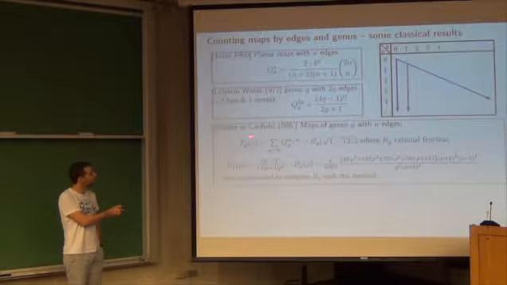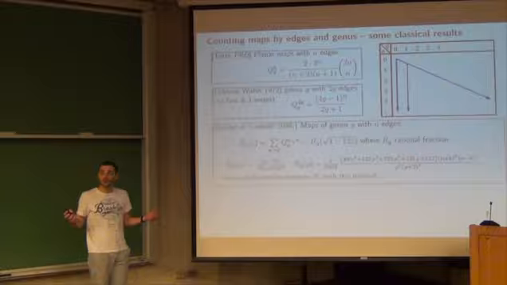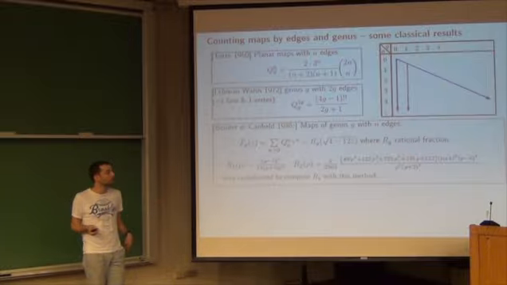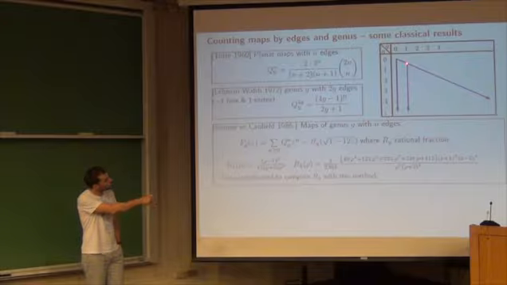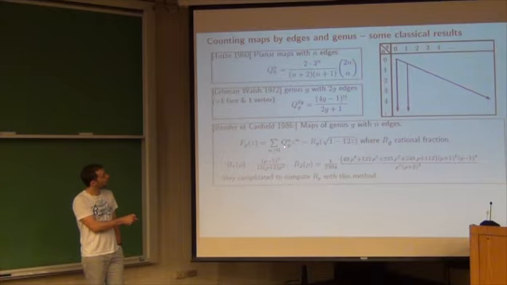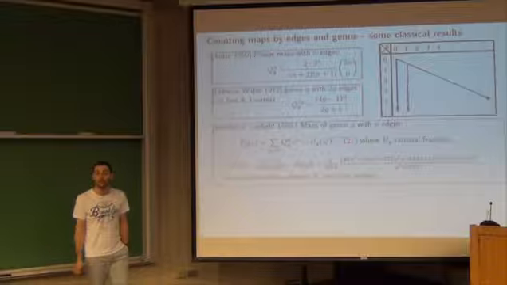Bender and Canfield proved this very nice result: for each fixed genus, you have some kind of closed formula to count maps. More precisely, you fix g and you look at the generating function of maps of genus g by the number of edges. So you go through one column here, and what you have is a closed formula in the sense that this generating function is a rational fraction in terms of this rho here, which is the square root of 1 minus 12z.